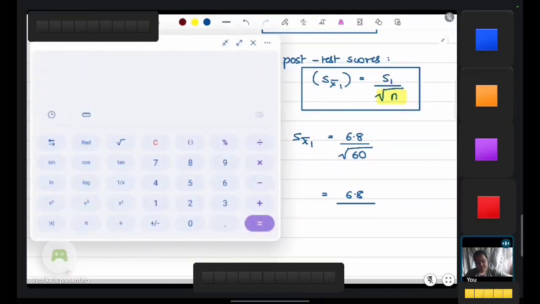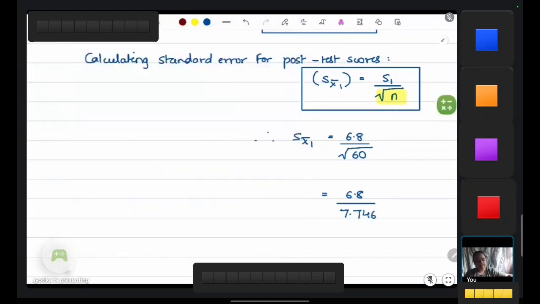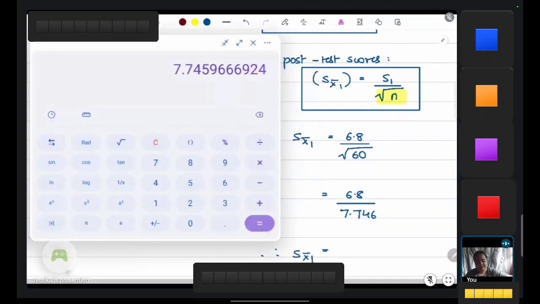Okay, so square root of 60. Well, not in some competition, no. That has to come first. So the denominator is 7.746. Okay, so let's divide, whatever answer we get is going to be S X bar 1, that is the standard error of 1.